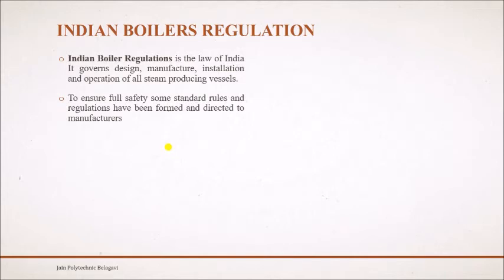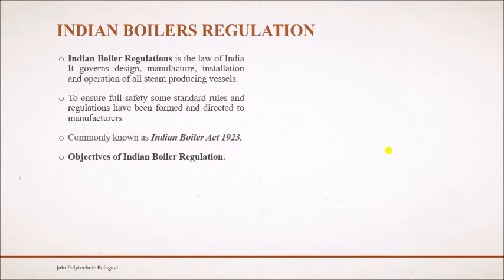The Indian Boiler Regulation, which is formed by the government of India under the Indian Boiler Act, forms some standard rules and regulations which have to be followed by all the manufacturers. Here we'll go through the objectives of Indian Boiler Regulation. These objectives are set by the board members, which are formed to regulate all these activities.